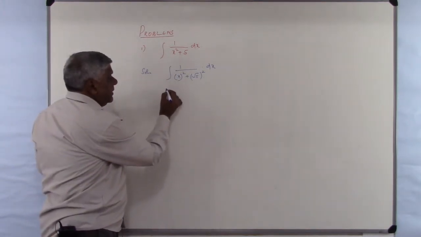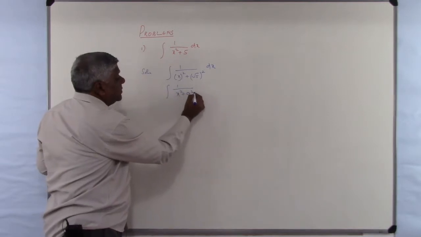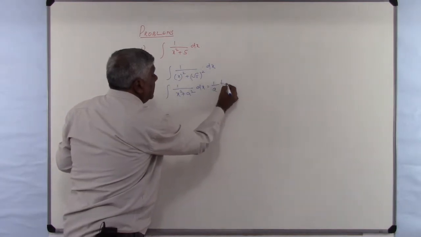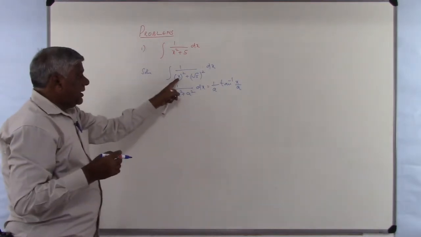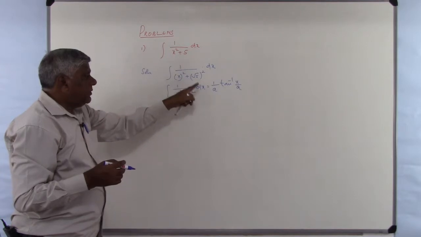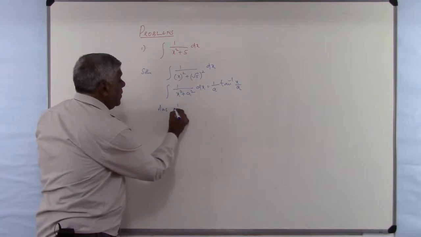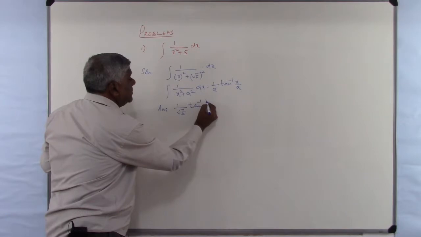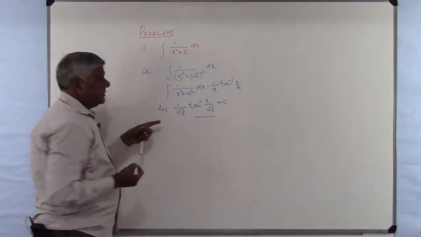Now this is in the form integral 1 over x square plus a square dx is equal to 1 by a tan inverse x by a. Here a is root 5. Therefore, the answer is 1 over root 5 tan inverse x over root 5 plus c.